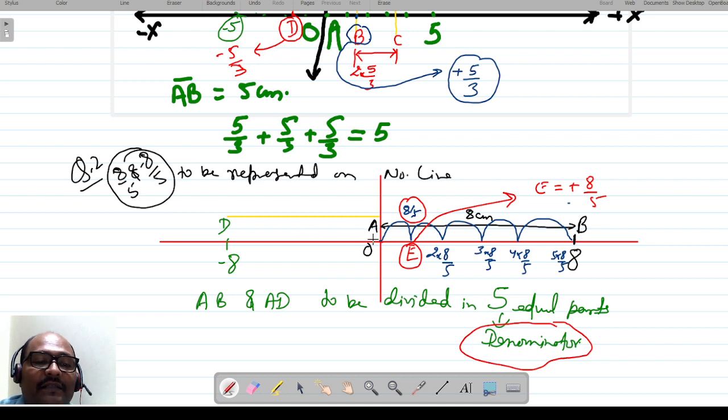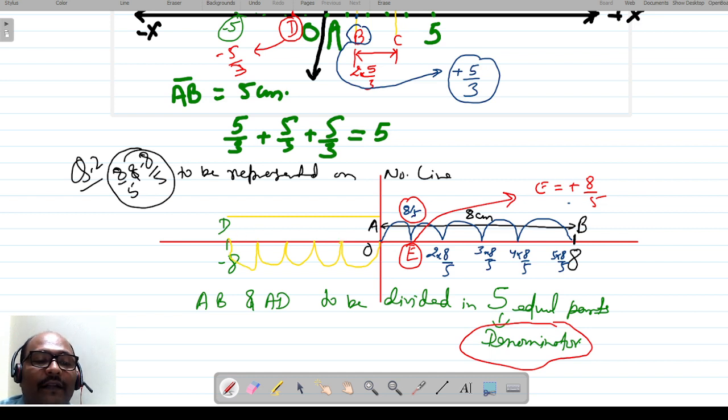Similarly, we are drawing the negative side. On the negative side, minus 8 by 5. How? It is similarly divided into 5 equal parts: 1, 2, 3, 4, and 5.